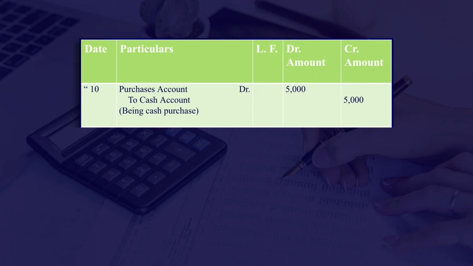So, purchases account debit to cash 5,000 rupees. Here cash account has been credited by 5,000 rupees. Similarly, you will find 5,000 rupees in the debit side of purchases account. We can check it, yes, 5,000 rupees to cash, 5,000 rupees debit side.